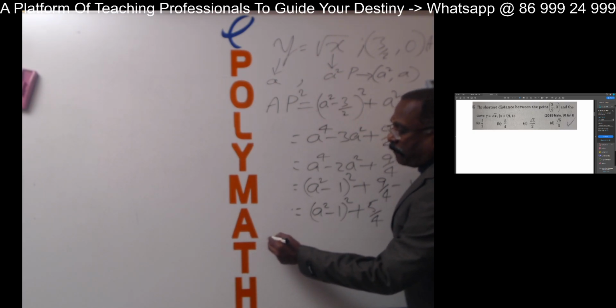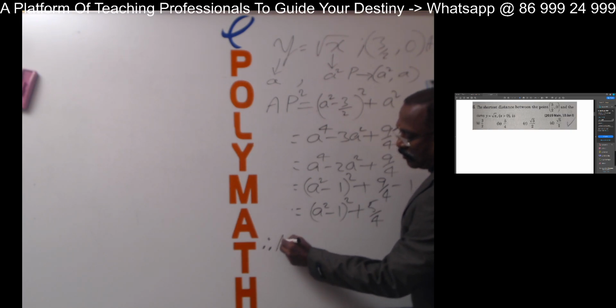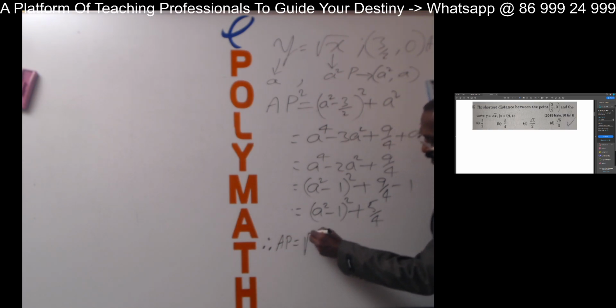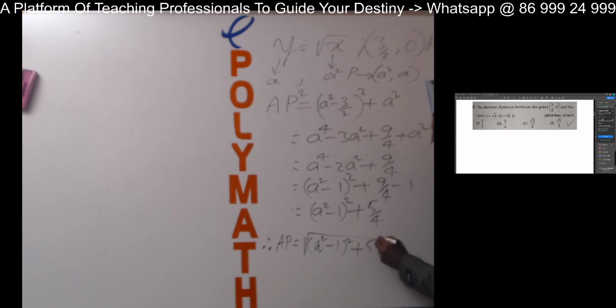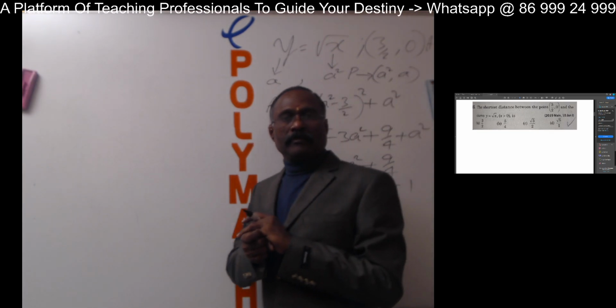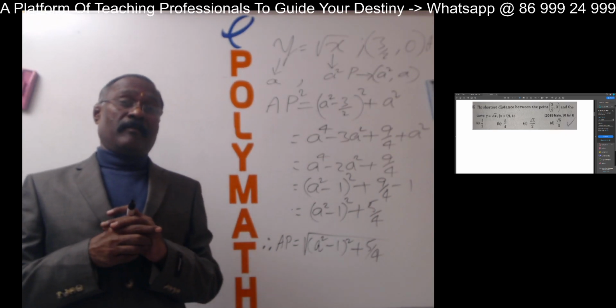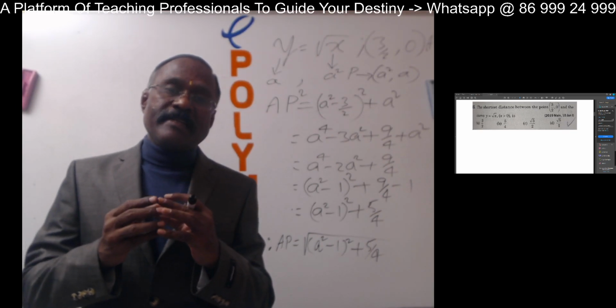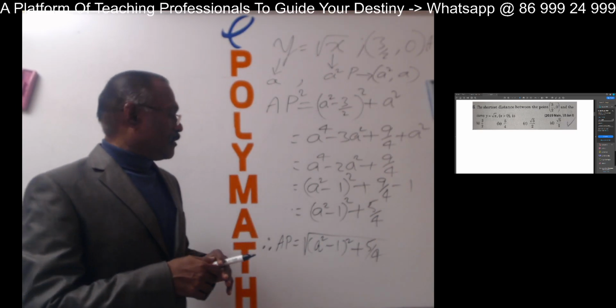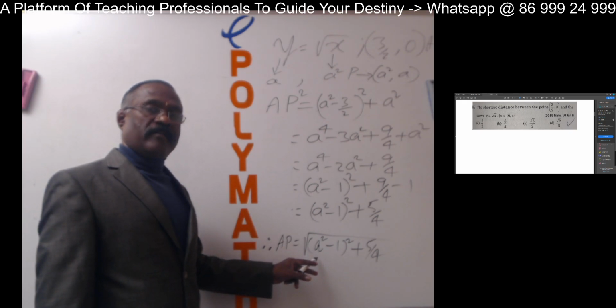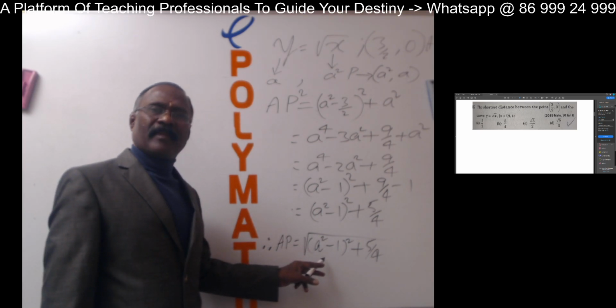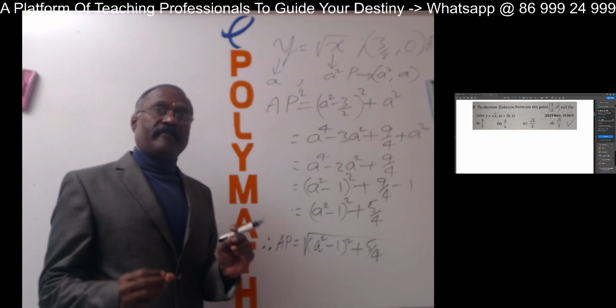Now, AP is equal to square root of a square minus 1 whole square plus 5 by 4. Correct now? Do you imagine when it becomes minimum or least or shortest? Some positive quantity is always added to 5 by 4.